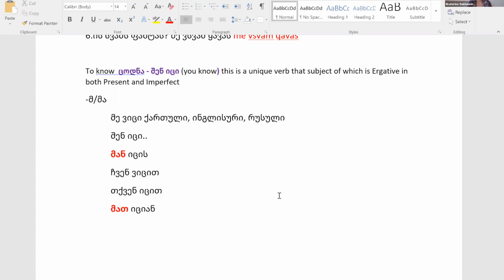Not Polonelli, but it is Uri or Uli in most cases. Look at it: Kartuli, Inglisuri, Rusuli, Polonuri. What else? German? Germanuli. Mevitsi, Inglisuri, Rusuli, Polonuri, Germanuli, okay.